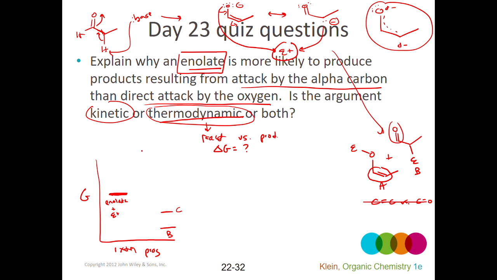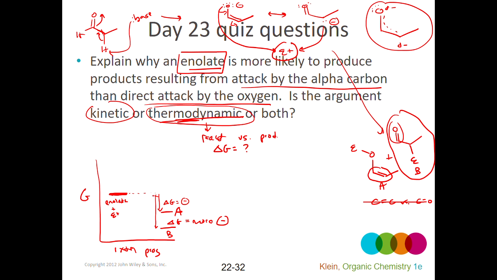So whatever the pathway is doesn't matter if I'm just looking at the thermodynamics. The thermodynamics is only determined by the value for delta G. And the delta G for the reaction that produces, oops, I don't know why I put C there, sorry, A. The delta G for the reaction that produces A is still going to be negative, but not nearly as negative as the delta G that produces product B. And so when it does reach equilibrium, it should eventually produce the product that's most stable.